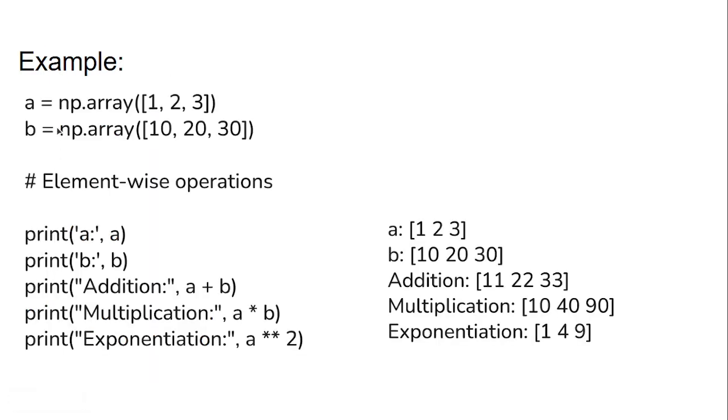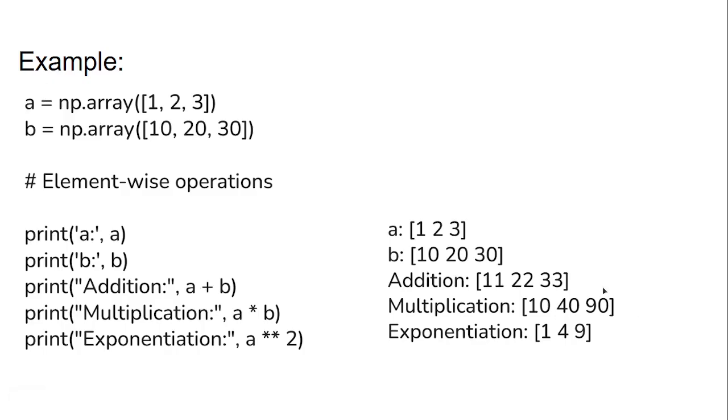An example: we have A equals np.array and B equals np.array, where each set of values is passed into each variable separately. We print A, we have its array here, and we print B, where we have its array. When we want to apply addition on the arrays, we have A plus B, which adds the array in A and the array in B, giving us 11, 20, 20, 33.